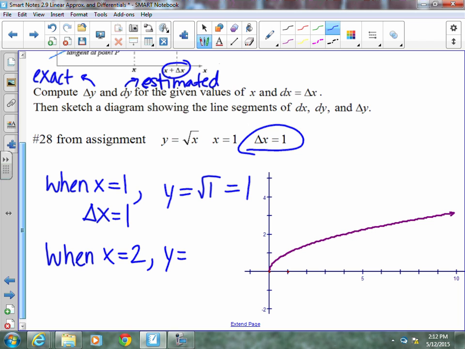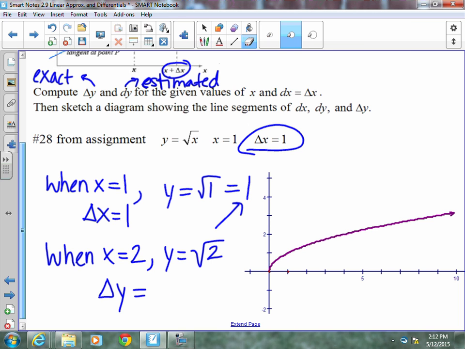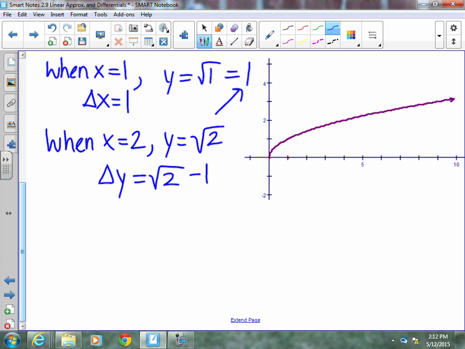Then y equals radical 2, which means y changed from here to here. Our change in y, to be exactly correct, is radical 2 minus 1, or approximately 0.414. We're going to see in a second how close that is to the actual truth. Notice these are exact y values that we subtracted to find the change in y.